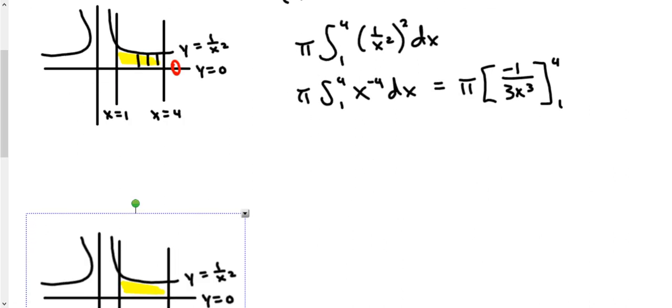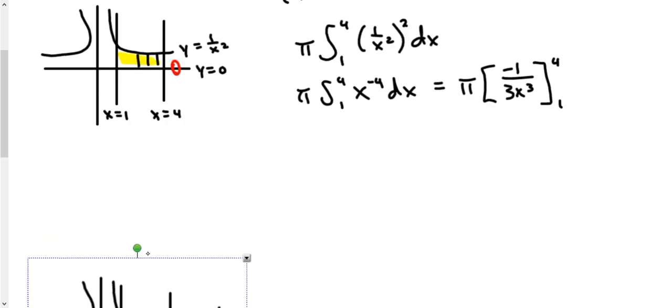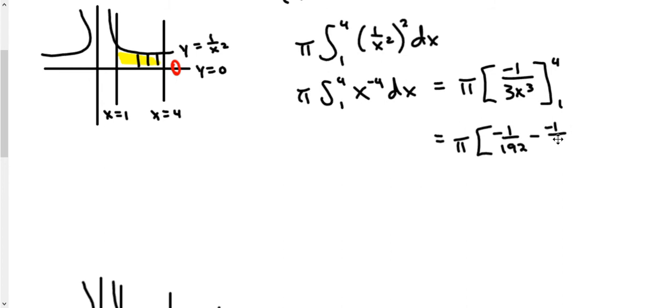So let's move this down just a little bit so we got room here. We got pi times, plug 4 in there. 4 cubed is 64. Times 3 is 192. We get negative 1 over 192. Then minus, plug 1 in there, we get 1 over 3. Negative 1 over 3.